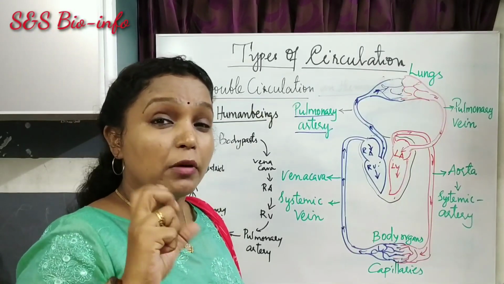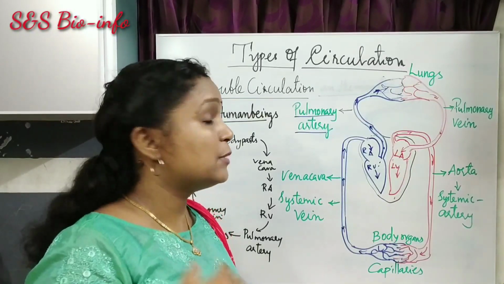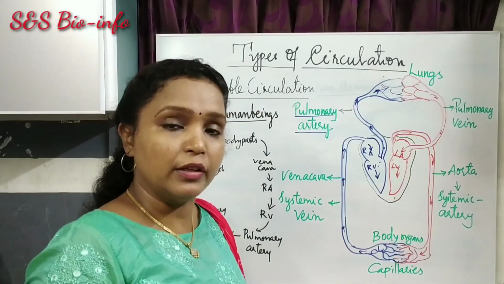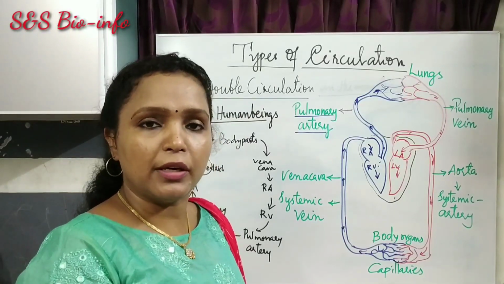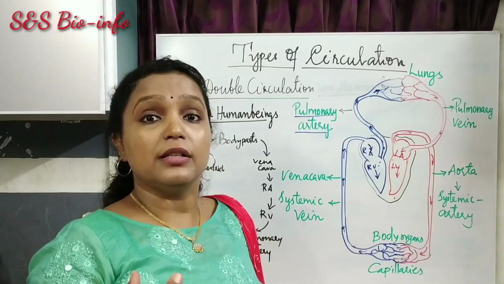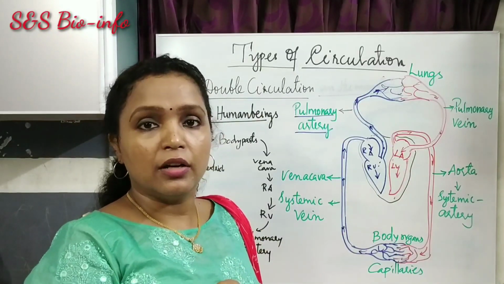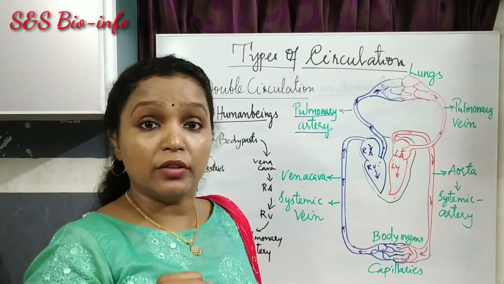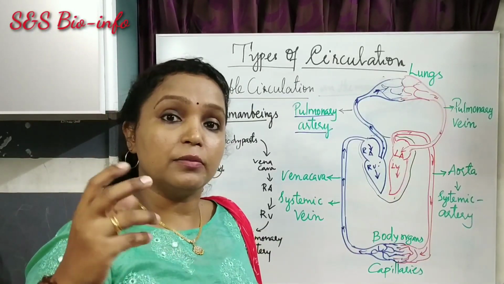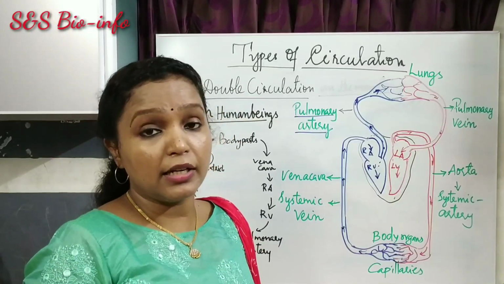Pure blood, which means more oxygen-rich blood, is pumped to the body parts to fulfill the requirements of the body of mammals and human beings. As mammals and human beings are warm-blooded animals, we need to maintain a constant body temperature. So we need higher energy than the amphibians and reptiles.